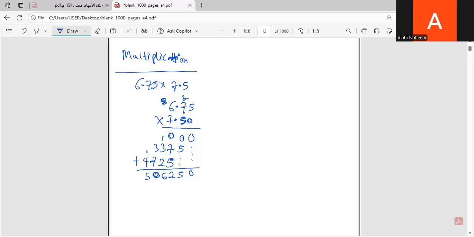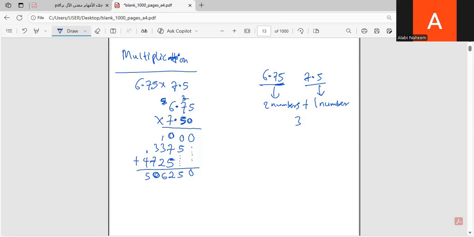In the original numbers we multiplied, 6.75 and 7.5, this number has two digits after the decimal point. In this case, there is just a single digit after the decimal point. So 2 plus 1 is 3. That means in our final answer, there should be 3 digits after the decimal point.